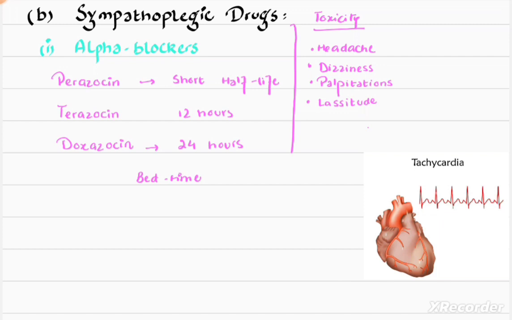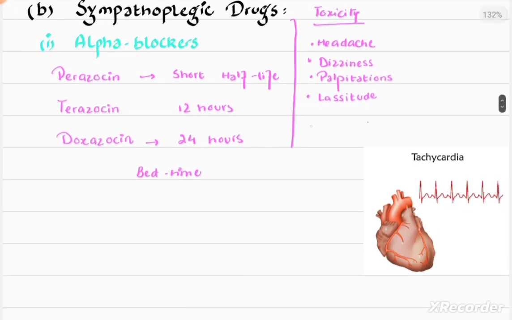Some patients also develop a positive test for ANF, which is antinuclear factor, but this is not associated with rheumatic fever. The alpha blockers do not adversely affect, rather they have a beneficial effect on the plasma lipid profile, and prazosin has been observed to have a beneficial effect on the lipid profile. So this is a desirable side effect that is seen with these drugs.